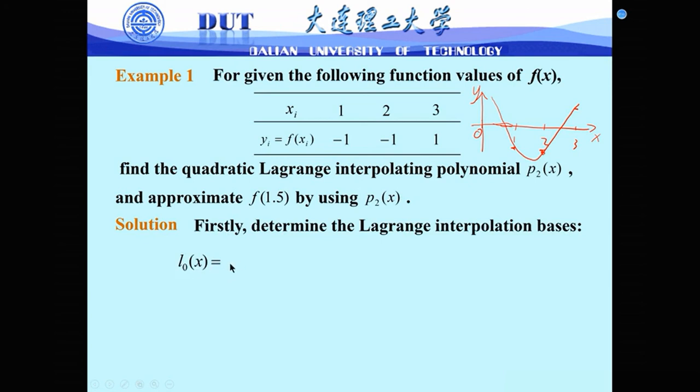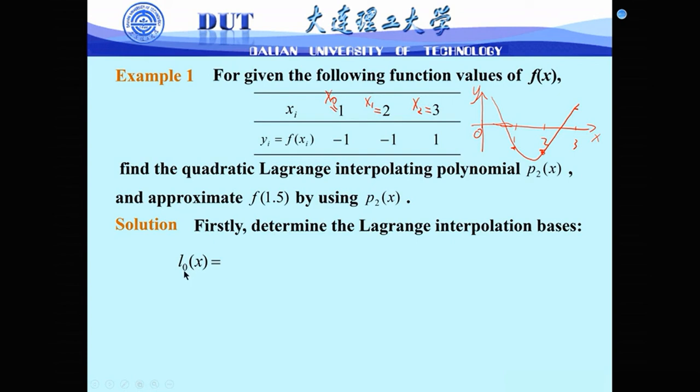It should be a ratio, right? What is the numerator? The numerator is x minus other nodes, right? So for L0, here we use 1, 2, 3, so x0 is 1, x1 is 2, x2 is 3. I just show you the discrete points.